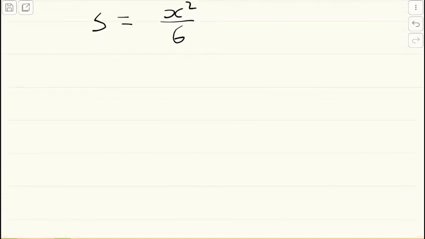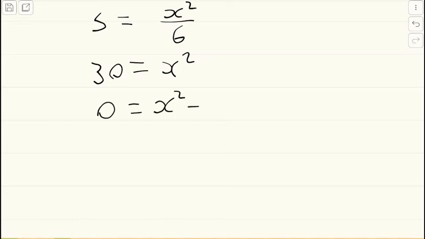And then, multiplying both sides by 6, I get 30 equals x squared. Now, for the sake of being proper and always following what we say, this is a quadratic equation in its own right. So I'm actually going to take away 30 from both sides. So 0 equals x squared minus 30.